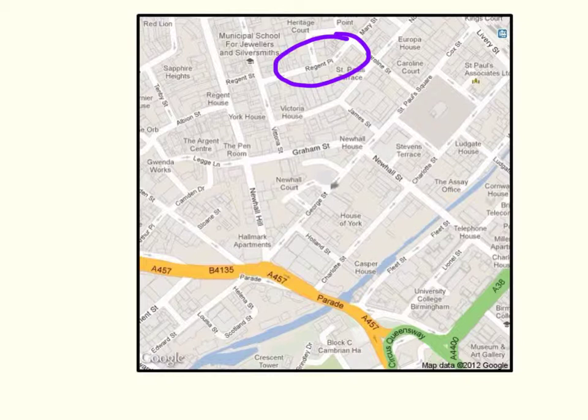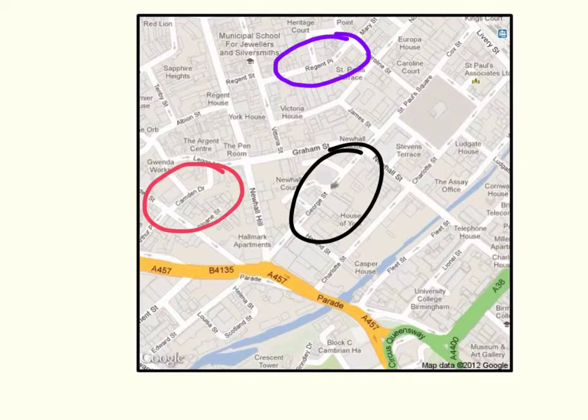If we look on this left-hand side over here, we will see Camden Drive, DR being the abbreviated form for drive. If we look in the middle, we will see George Street, ST being the abbreviated form of street.